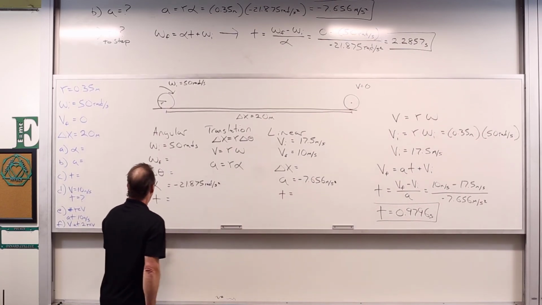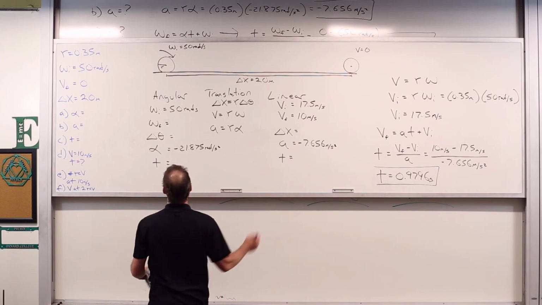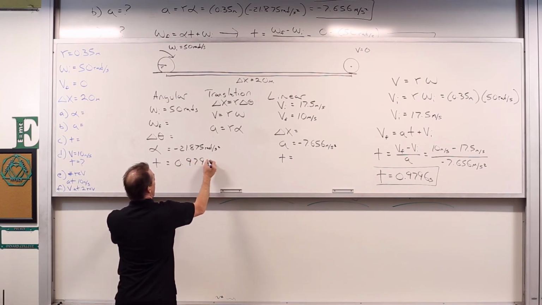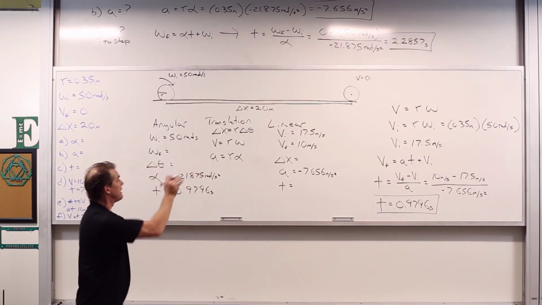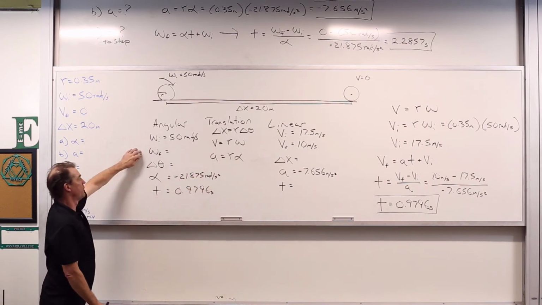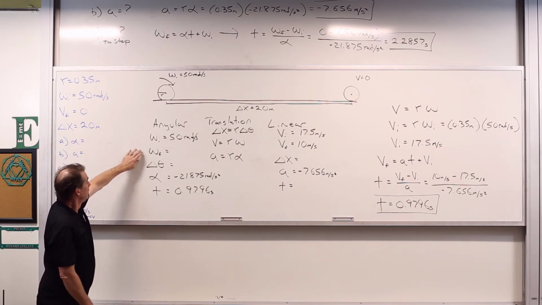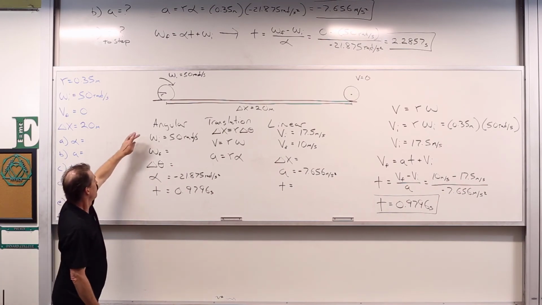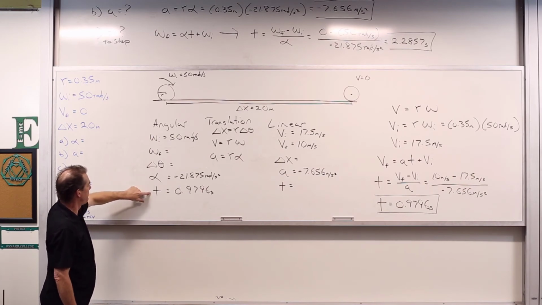So, excuse me, we know the time that it takes is 0.9796 seconds to go from 17.5 meters per second down to 10 meters per second, which is 50 radians per second down to the corresponding angular velocity for 10 meters per second, which we don't even need because we've got this and we've got this and we've got this.